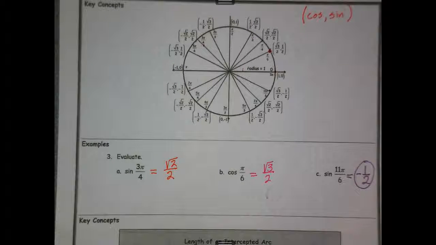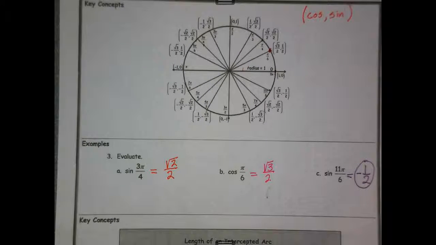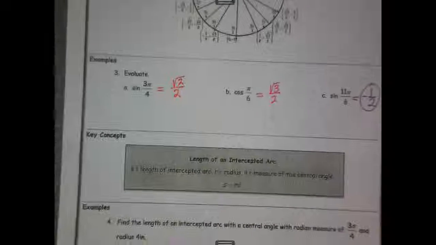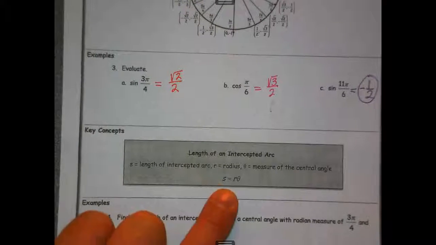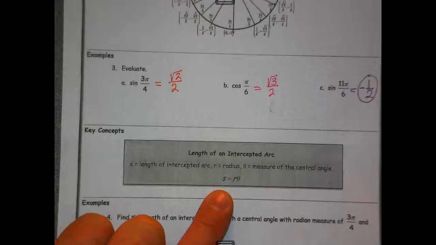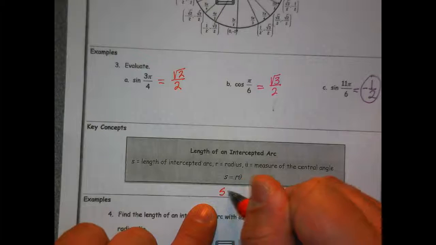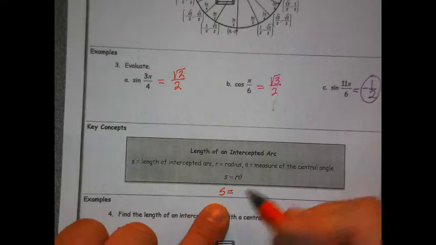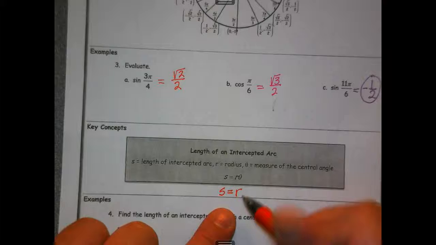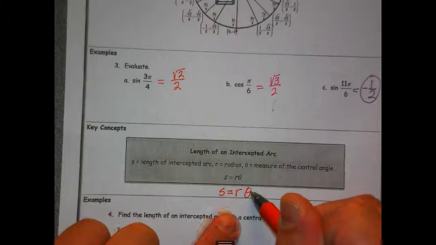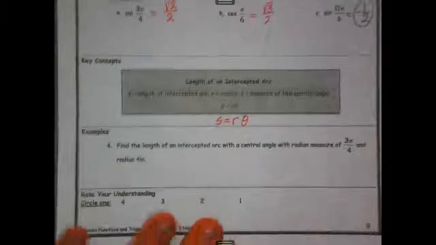We're going to find the length of the intercepted arc. You guys remember this? The length of the intercepted arc is represented by S. It's going to be the radius times the measure of the angle. Now here's that theta thing again.